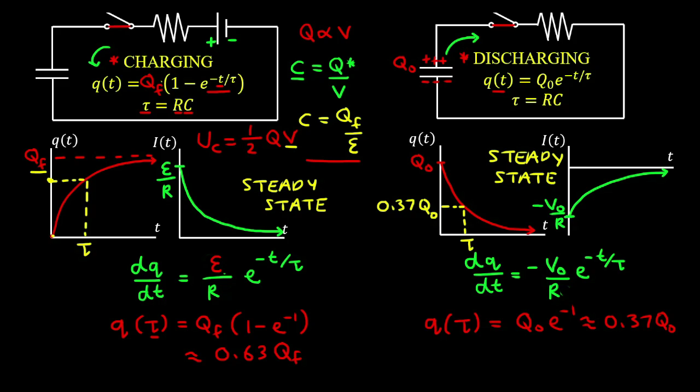So the time constant in this case represents the time required for the capacitor's charge to decrease from fully charged to approximately 37% of its initial value. So for both the cases of charging and discharging, for times that are much larger than the time constant, the capacitor and the circuit can be modeled using steady state conditions.